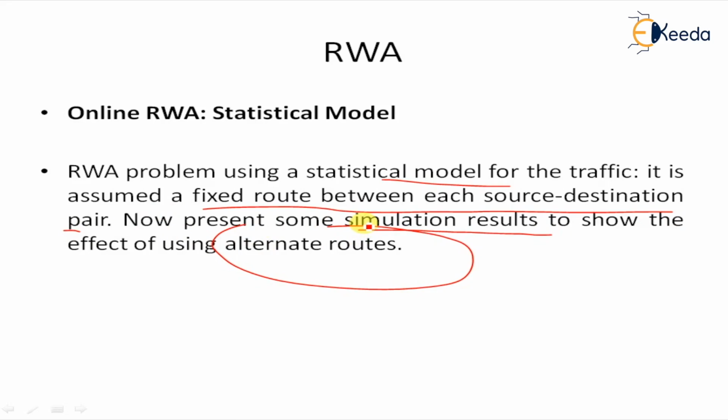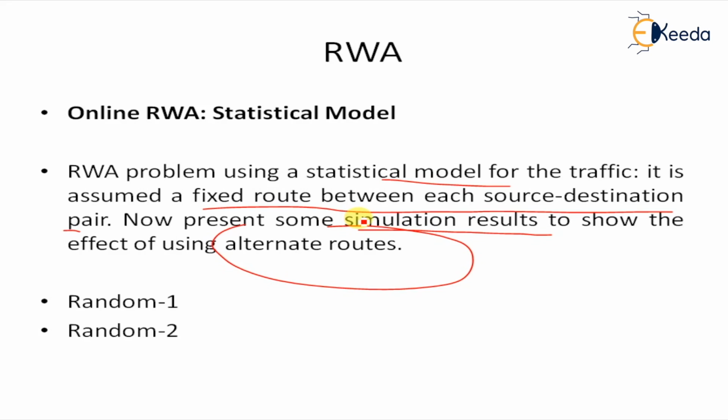So consider the four RWA algorithms here. First is Random 1. For a light path request between two nodes, choose at random one of the available wavelengths on the fixed shortest path between these two nodes.